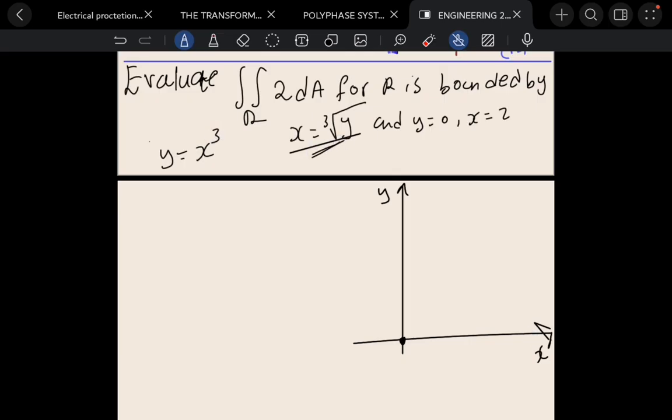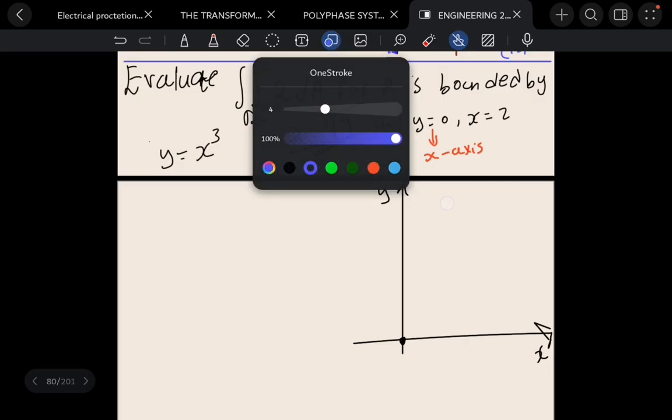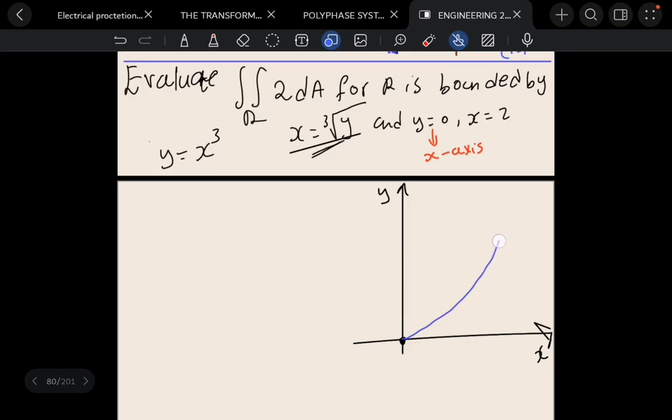And then you have also been given the x-axis as a boundary. So this is the type of graph that I'm going to have, this particular region here.